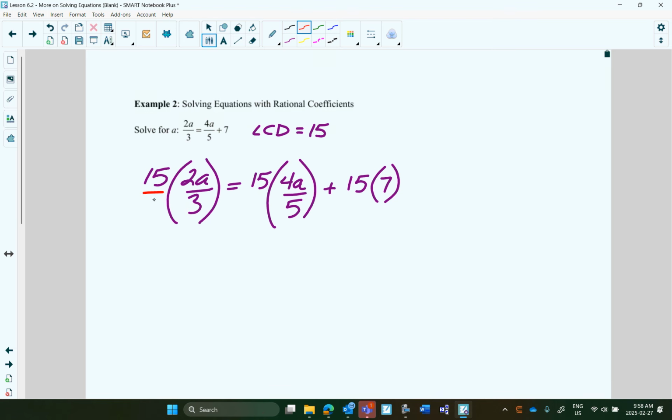Remember, 15 is the same as 15 over 1. Reduce. 15 and 3 can reduce down to 5 over 1. So what does this become? 10a. No more fraction.